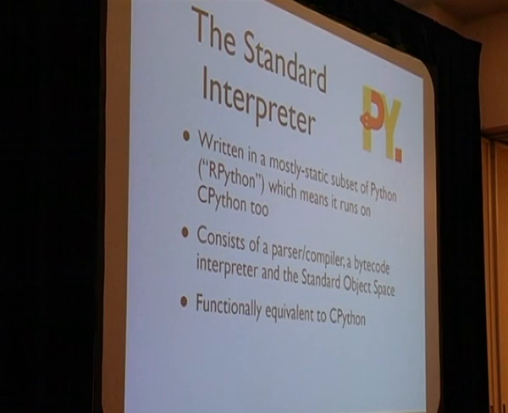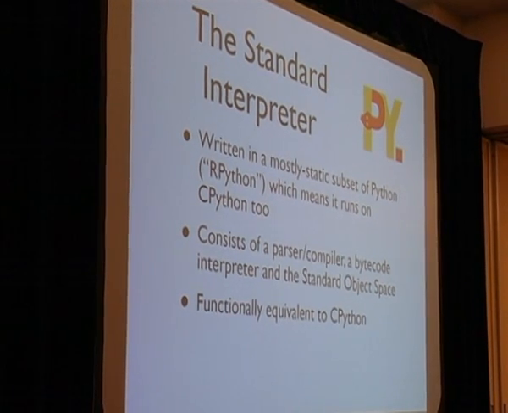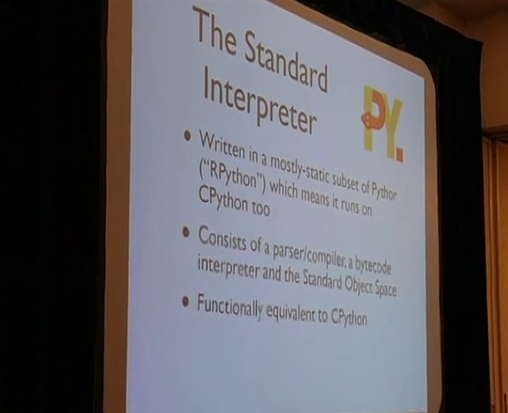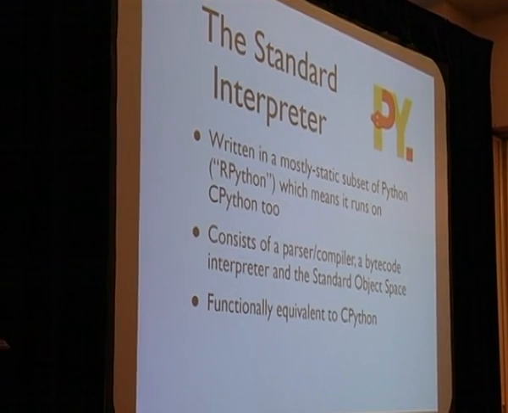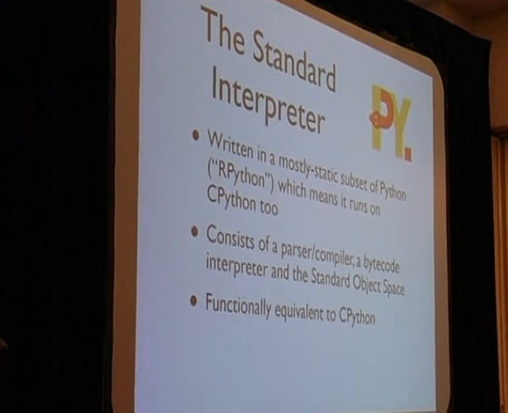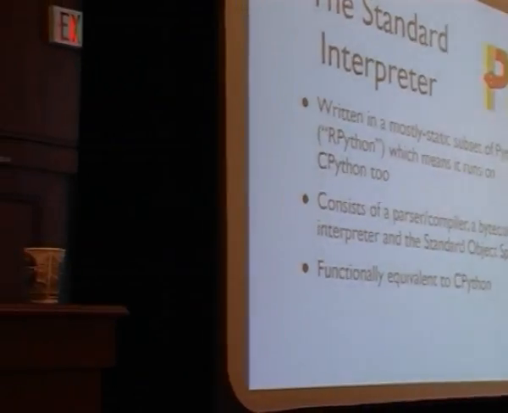The standard interpreter is written in a mostly static subset of Python, which is dubbed RPython, another piece of project jargon. This means that it runs on C Python too, which is important because that's how we unit test our standard interpreter, by running small parts of it. So yes, as C Python does, it has a parser and compiler, a bytecode evaluator or interpreter, and the standard object space, which is on a few slides.